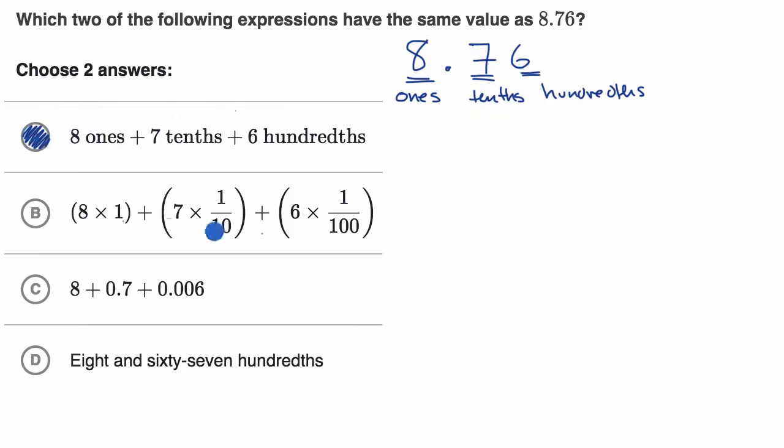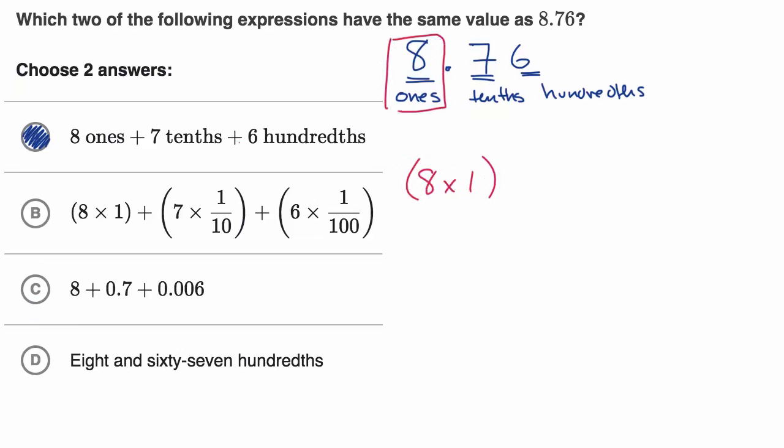Now, this second choice looks like an expanded form, but before I even look at it, let's see how we would think about it over here. If we wanted to essentially write the same idea, but in expanded form, 8 ones is the same thing as 8 times 1. And actually, let me color code it so you see where things are coming from. So 8 ones, that's the same thing as 8 times 1.